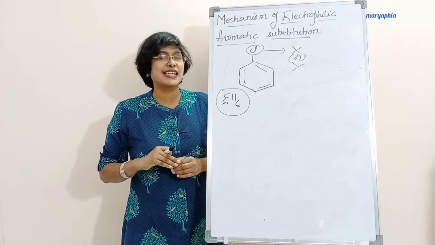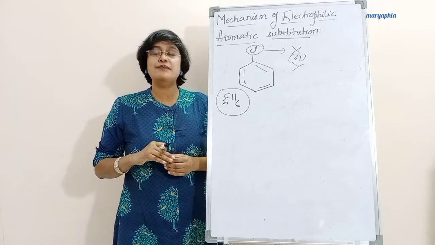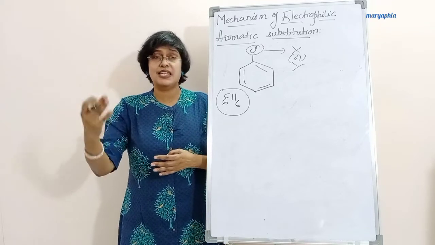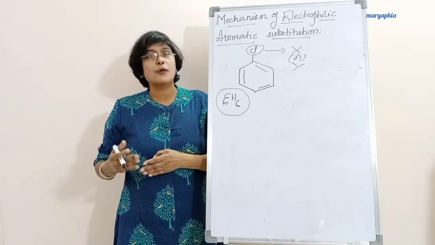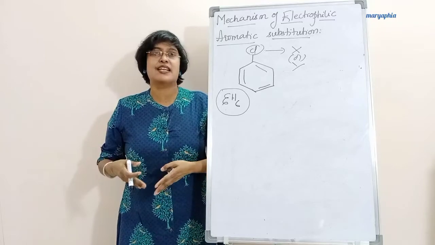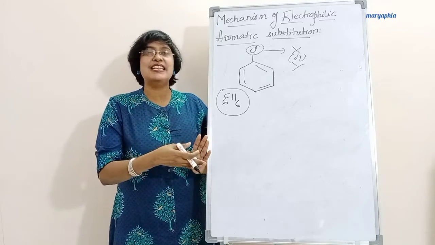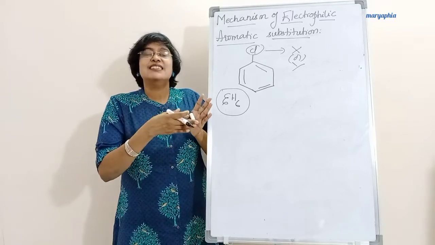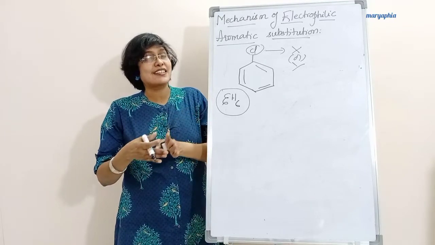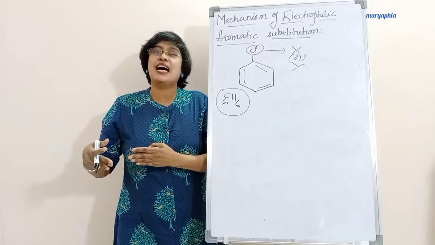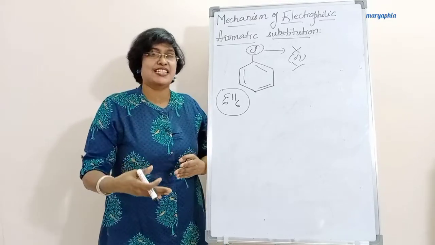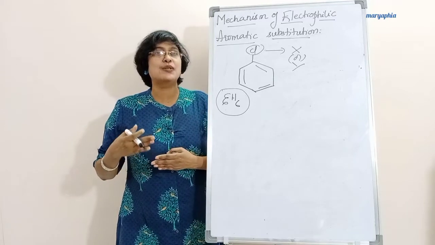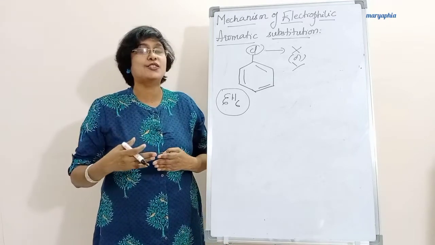Generally, whom do we suggest to take foods high in minerals and vitamins? Those whose body is deficient in such things, right? Here, benzene, acting as a rich source of electrons, easily attracts species which are electron deficient, that is, species deficient in electrons.